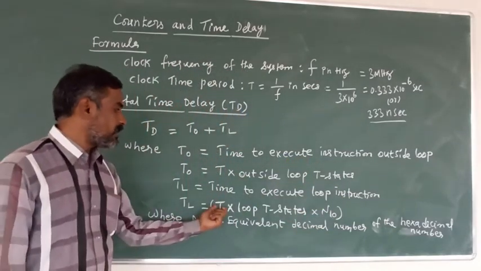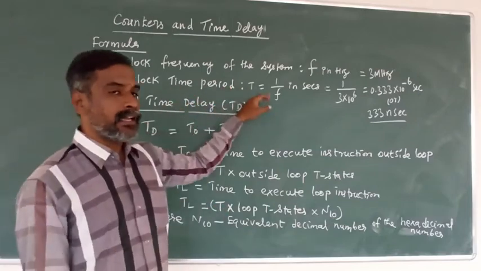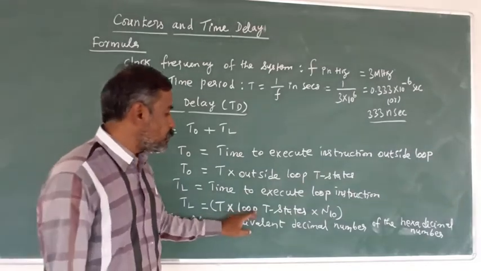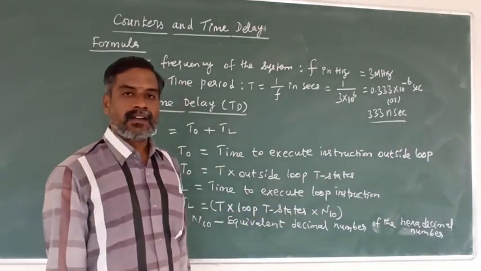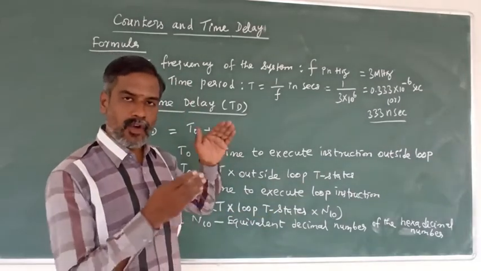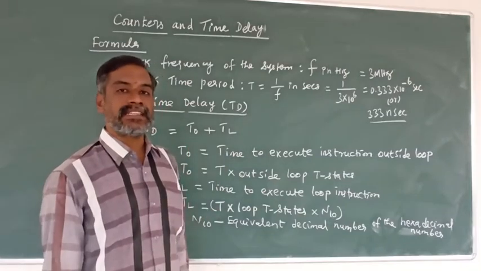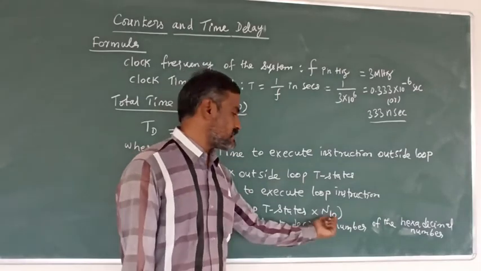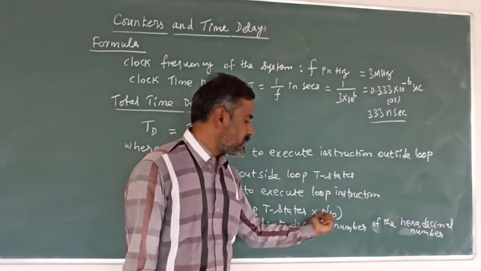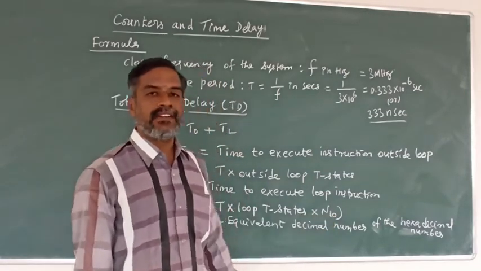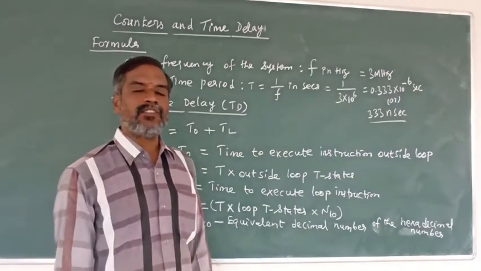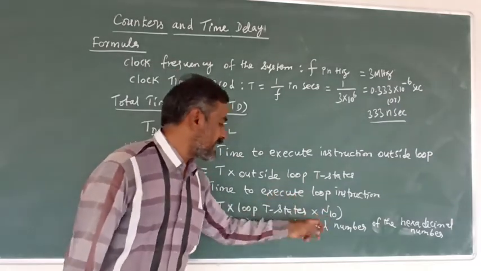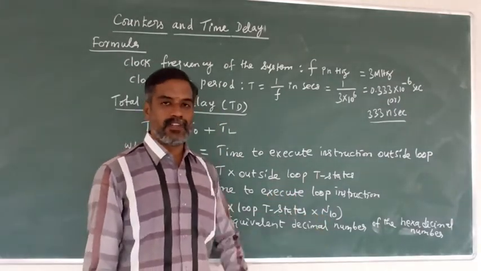Here T is the time period of the microprocessor. Loop T states: within a loop, how many T states are required. And n base 10 means the given count value. The count value is in hexadecimal, so we convert it into the corresponding decimal value.